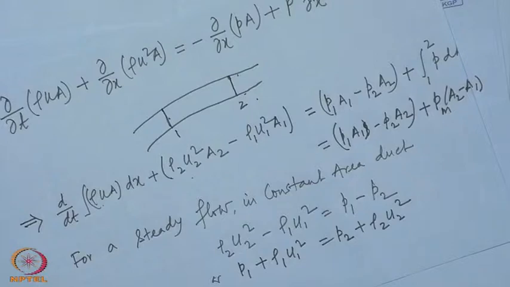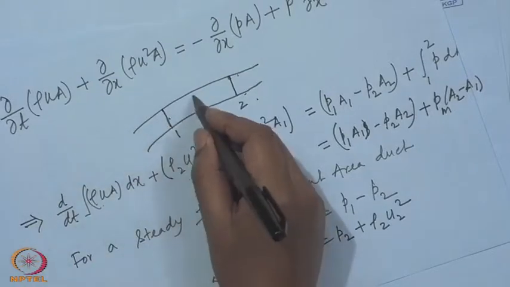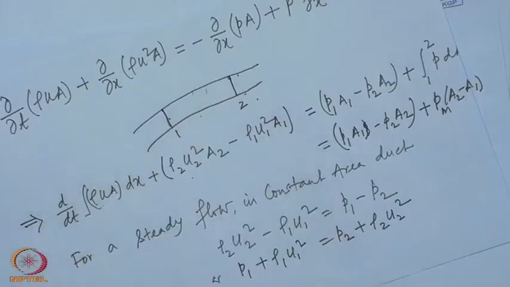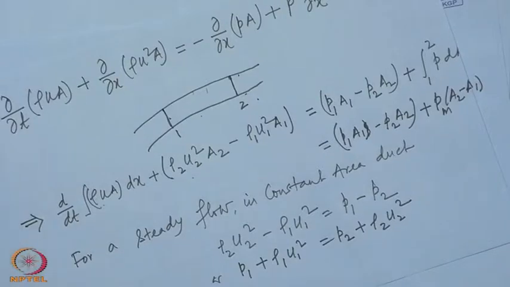So, if there are non-equilibrium regions between stations 1 and 2, but the stations 1 and 2 themselves are in equilibrium, the integral form of the equation is applicable. However, in that situation the differential form cannot be applied.